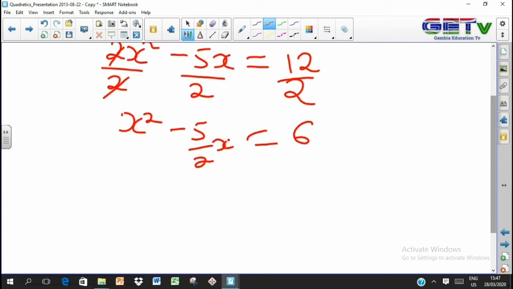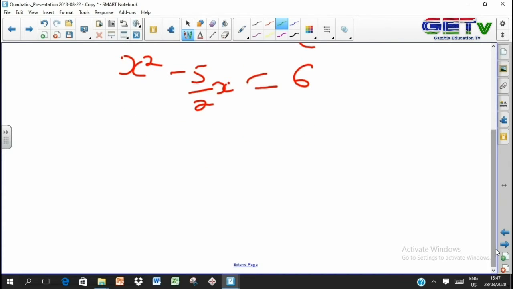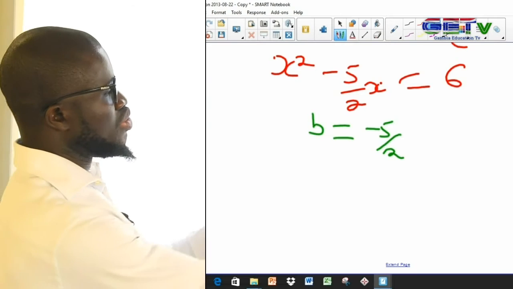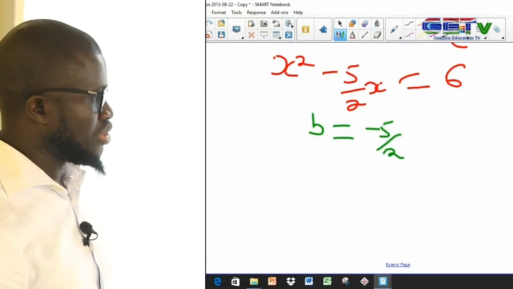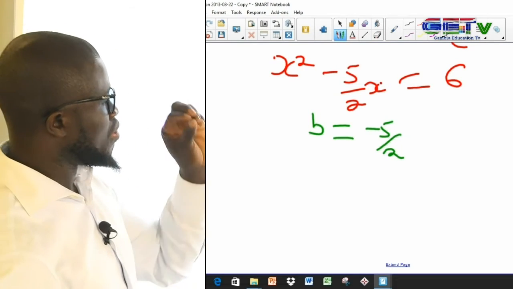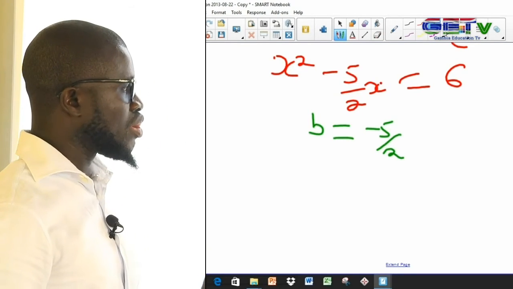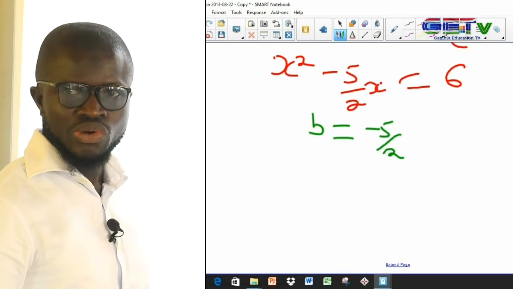Now, the next thing we learned in the previous lesson was you take the value of b. Our value of b equals negative 5 over 2. Now we are told that you multiply the b value by half, or you divide by 2.